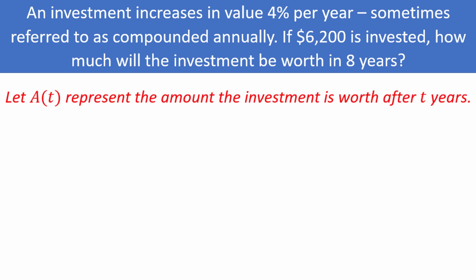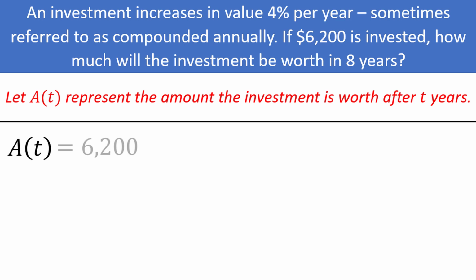Let's let A of t represent the amount the investment is worth after t years. The amount starts at $6,200, but then the investment increases by 4% per year. So we have 6,200 times 1.04, where the 1.04 represents 104%, meaning the investment next year will be 4% more than it was the previous year, or 104% of the previous year's value.